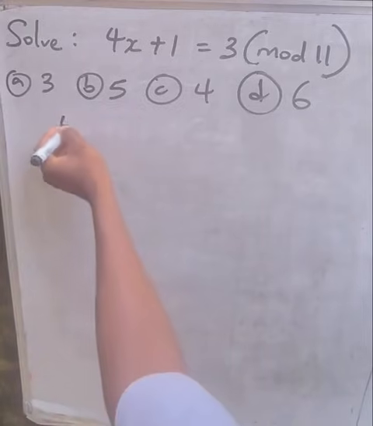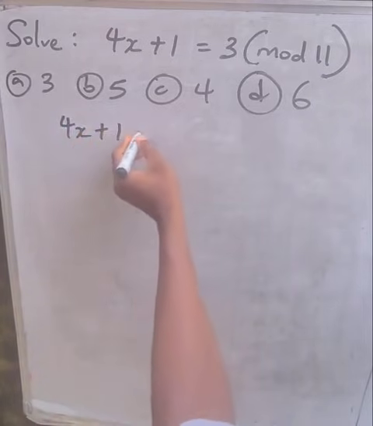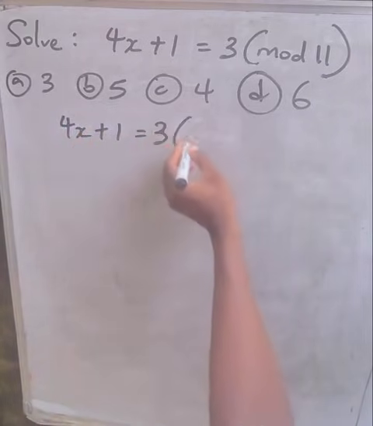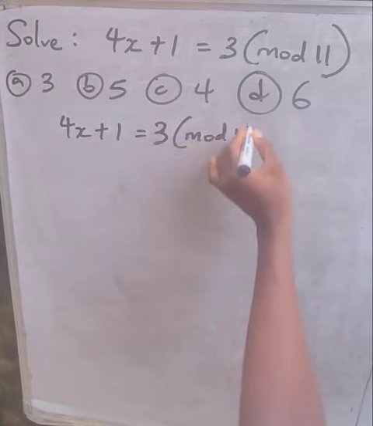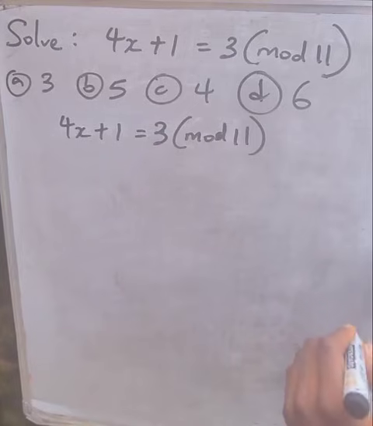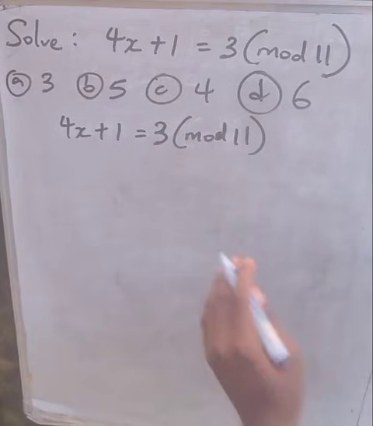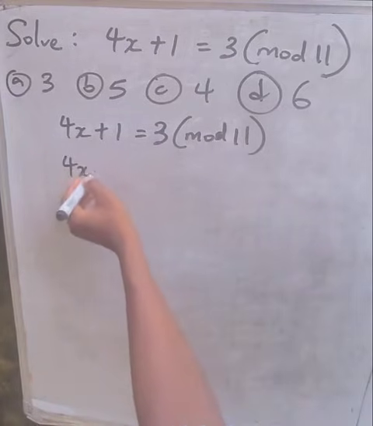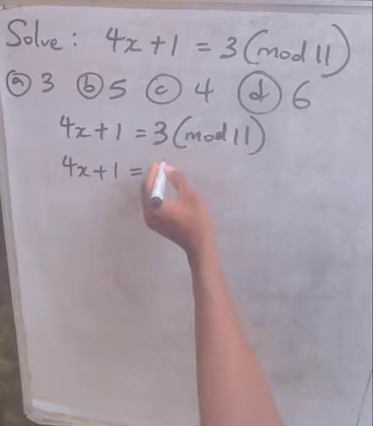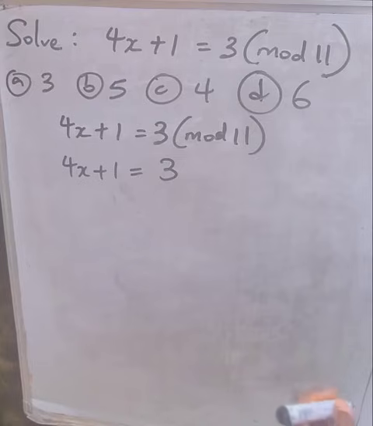What you have is 4x + 1 = 3 in mod 11. Now, how do we solve this? Now, look at this.